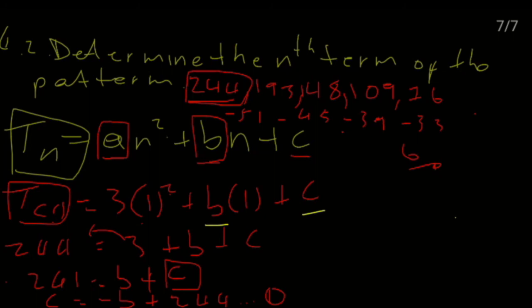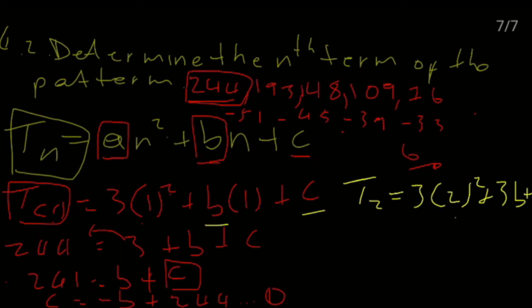So again, I'm gonna choose term 2 to try and manipulate my second equation. T2 equals 3 into 2 squared plus 2b plus c.